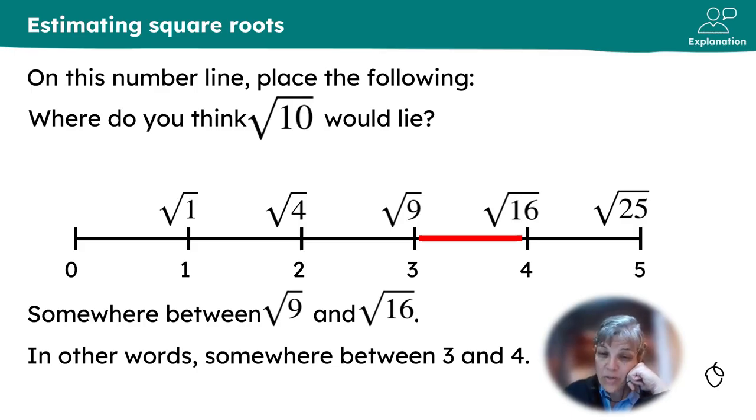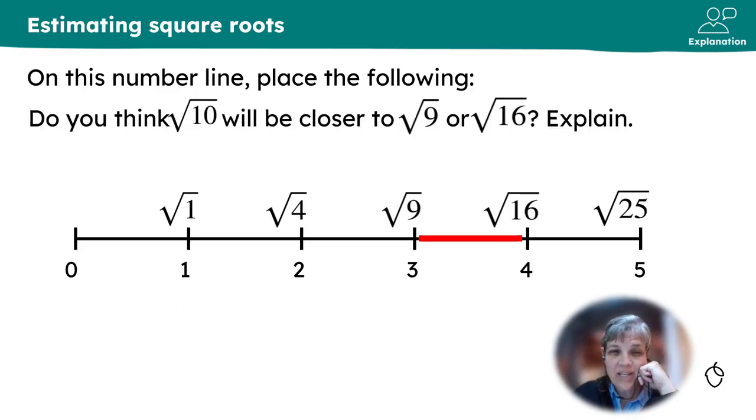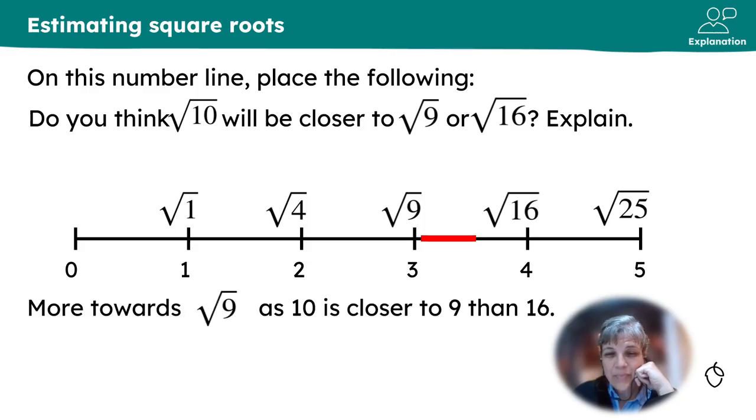Now, do you think it's closer to 3 or closer to 4? It's definitely closer to 3, right? 10 is closer to 9 than it is to 16. So as you're making an estimate, you'd want to estimate something closer to 9 than to 16.